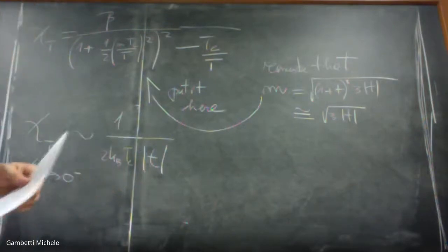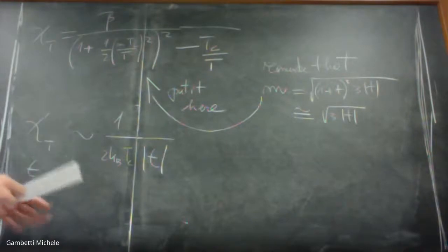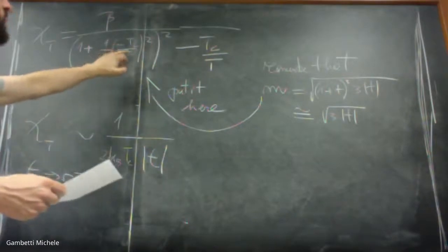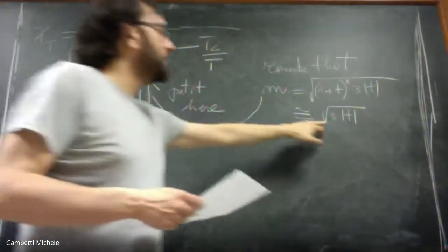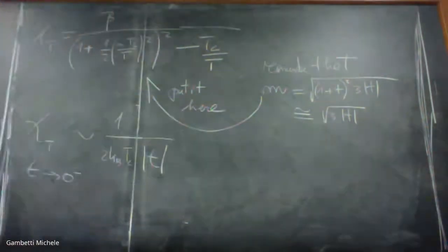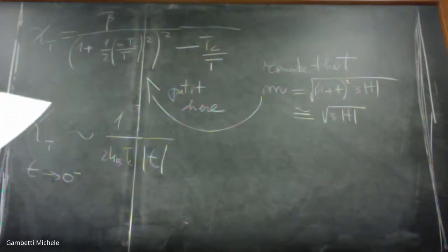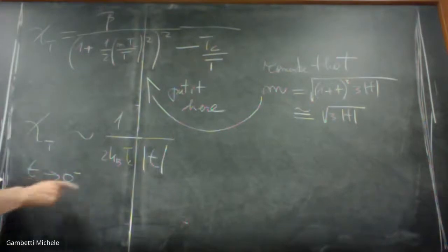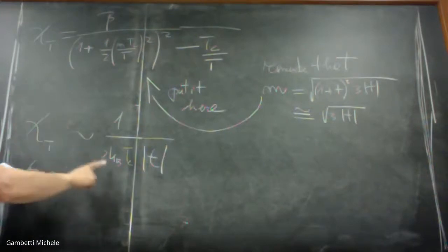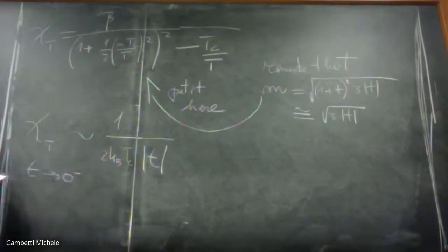And maybe if you want at the end, I can do the calculation, but it's just really putting, instead of m, we put it here 3 square root of 3 modulus of t, and one gets the behavior that I showed before. Okay, so now chi of t again, close to the critical point from below, behaves exactly in the same way, but for this factor of 2. Okay, but the singularity is the same.